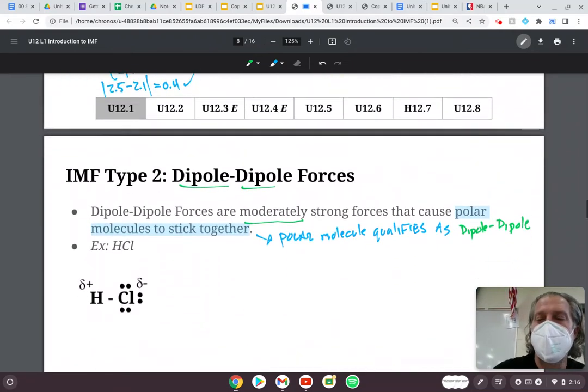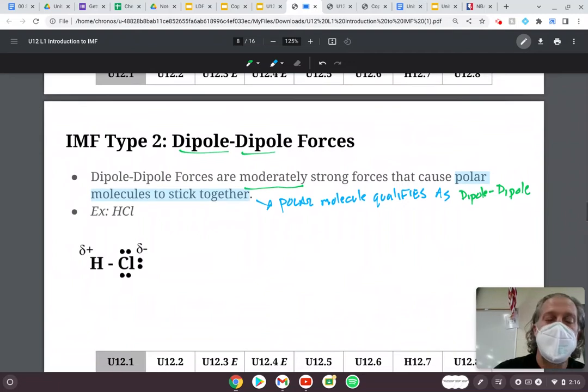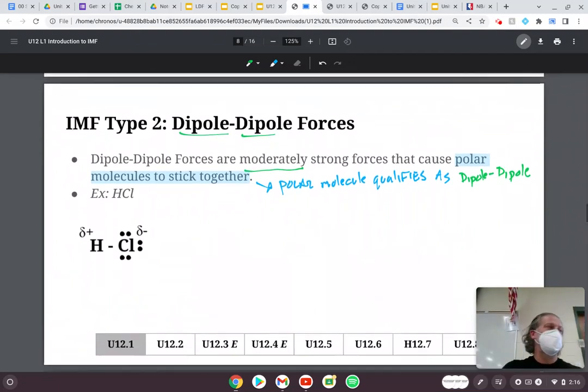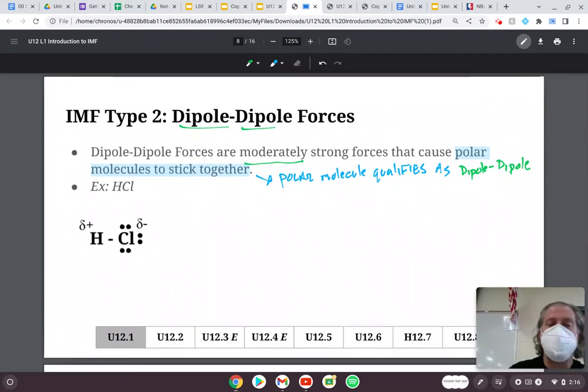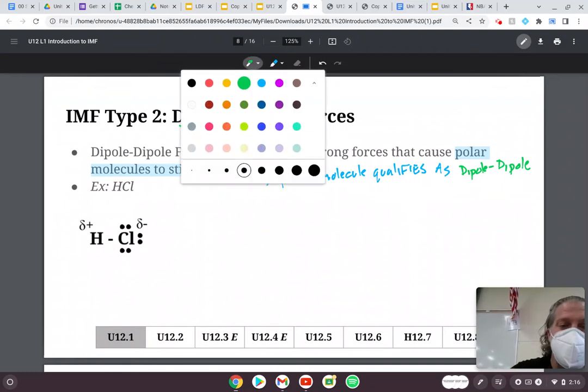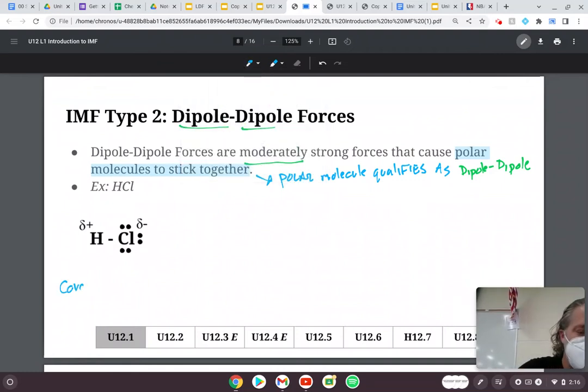So my example here is HCl. And I know that it's a covalent molecule because there's only nonmetals present. I know that there is a hydrogen bonded with a chlorine. Hydrogen has an electronegativity of 2.1. Chlorine is 3.0.